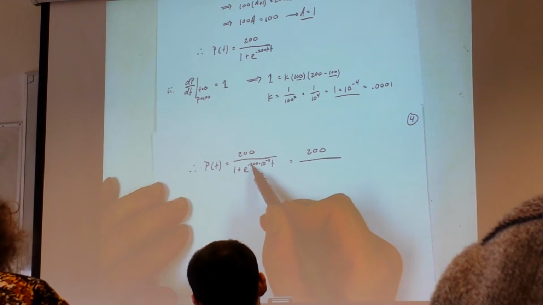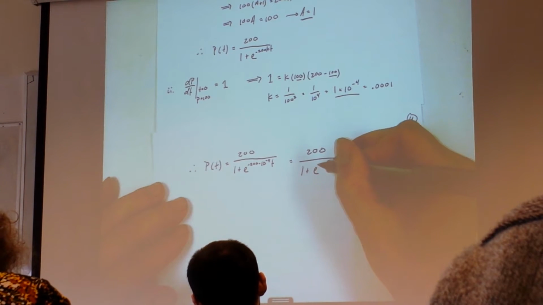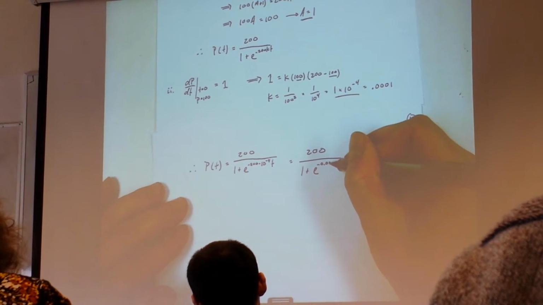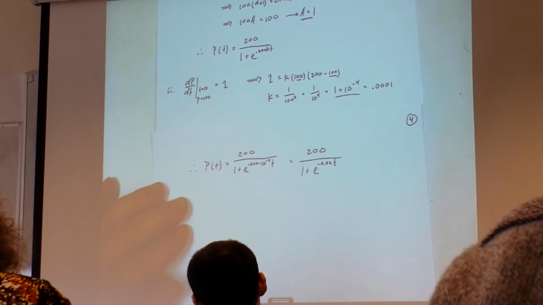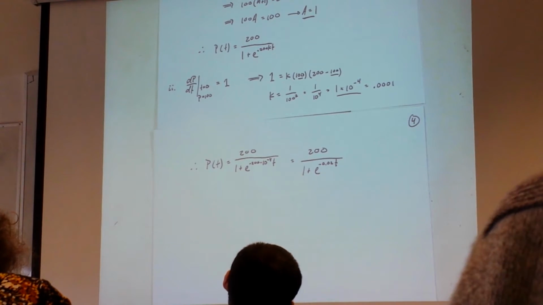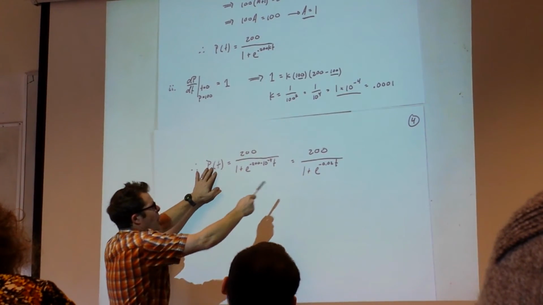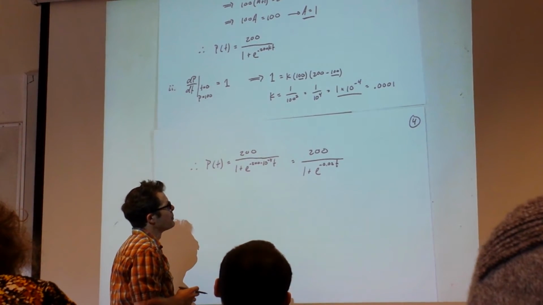It's going to be negative 0.02. Boom. So after a lot of work, we do have an explicit formula for the population in terms of time.